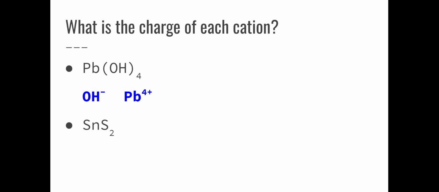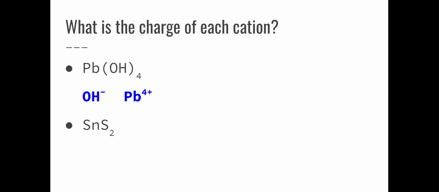Oh man, let's see if I can call on you students before I show you the answer key. Sn, S2. Sn is tin. S is sulfur. I'm counting only 2 elements. Therefore, this is a binary compound.